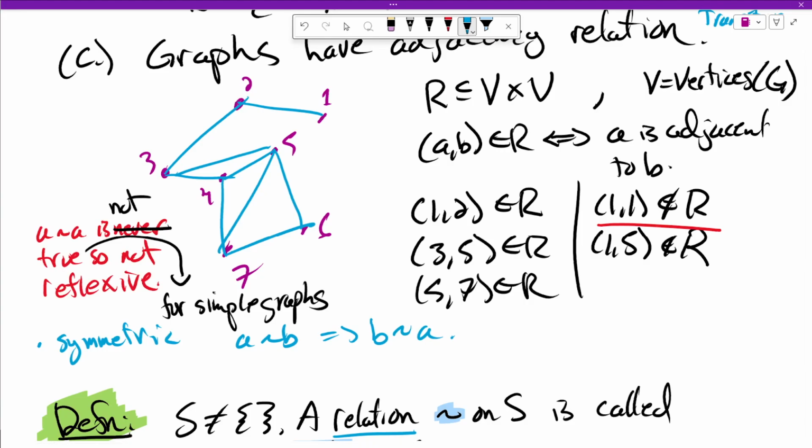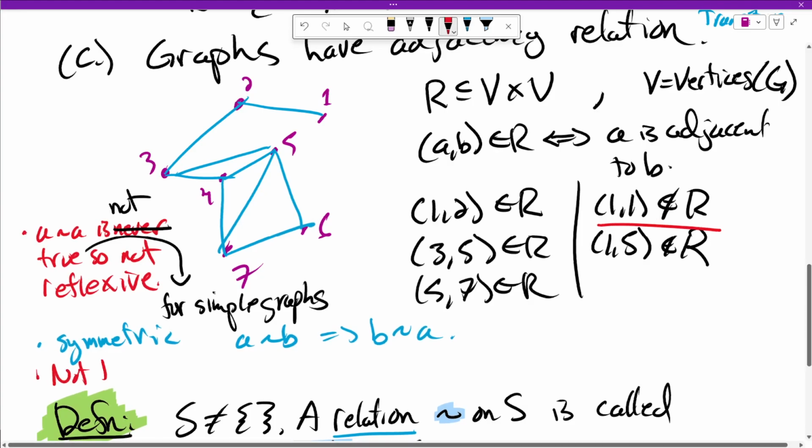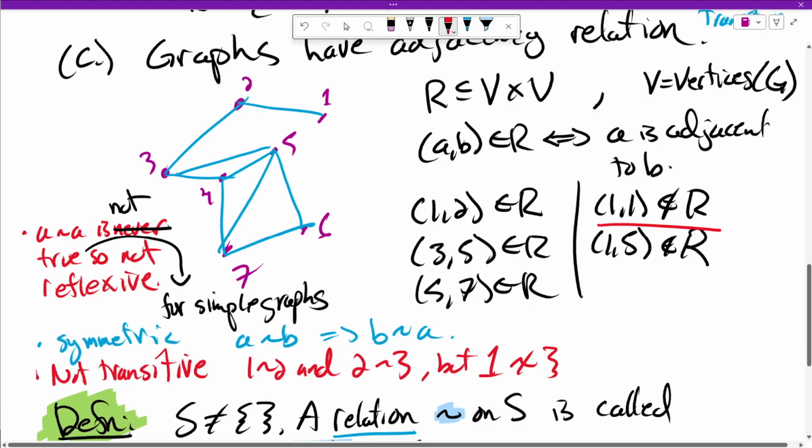Is it transitive? No, it's not in general transitive, and you can see that in this picture. 1 is related to 2 because they're connected by an edge. 2 is related to 3 because they're connected by an edge. But 1 is not related to 3 because they're not connected by an edge.